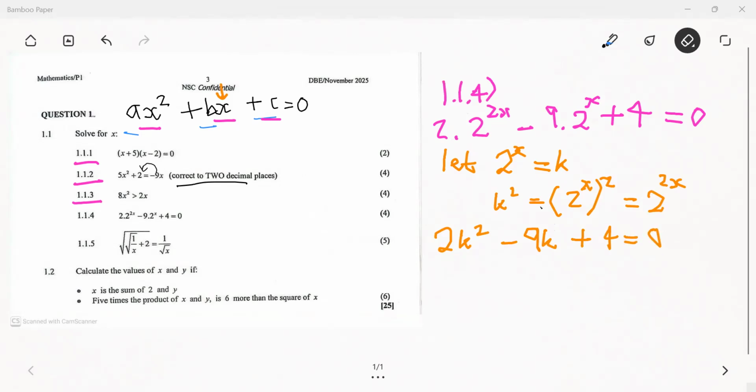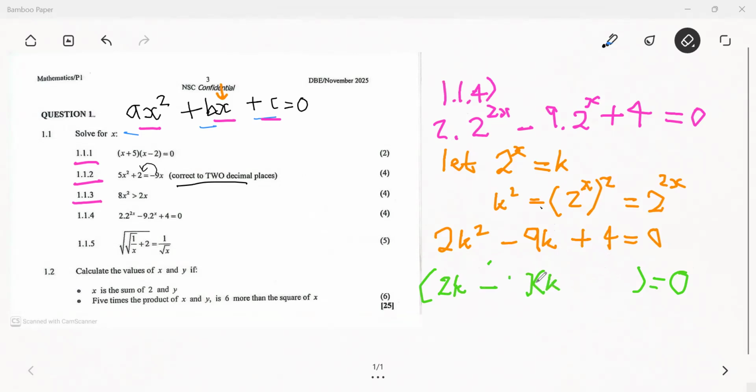Now you need to find factors that satisfy this equation. There are many different methods, so I'm not going to go through that part. Use your method to work out the factors. You should get 2k minus 1 times k minus 4, unless you have a calculator that can do this for you, which is also fine.